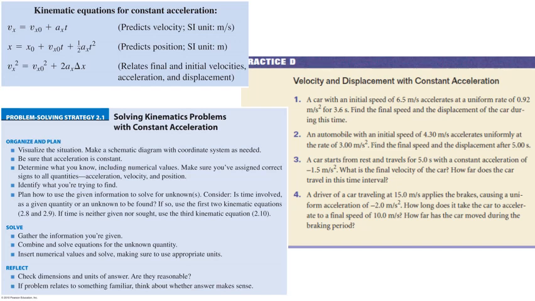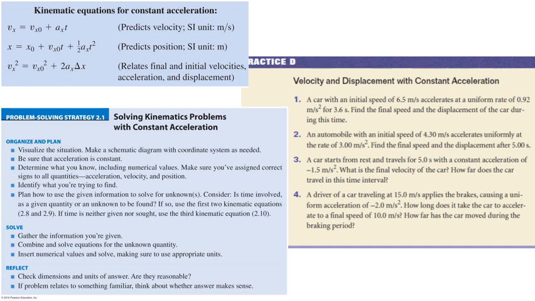It gives me the relation between the velocity and the displacement: vx squared at any time is equal to vx0 squared plus 2 ax delta x. So it gives me a relation between the change in the square of the velocity and the displacement. These are called the kinematic equations for constant acceleration.